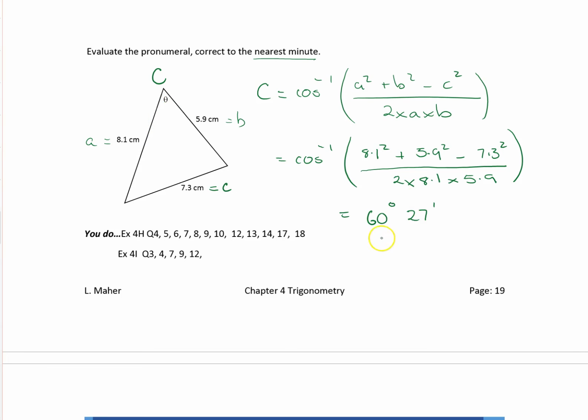You could end up with theta getting the value out of the calculator, and it's obviously obtuse. The good thing is the calculator will tell you. Based on the value of that calculation in the brackets in that fraction, the calculator will take into account if it needs to give you a negative answer. So that's really nice.